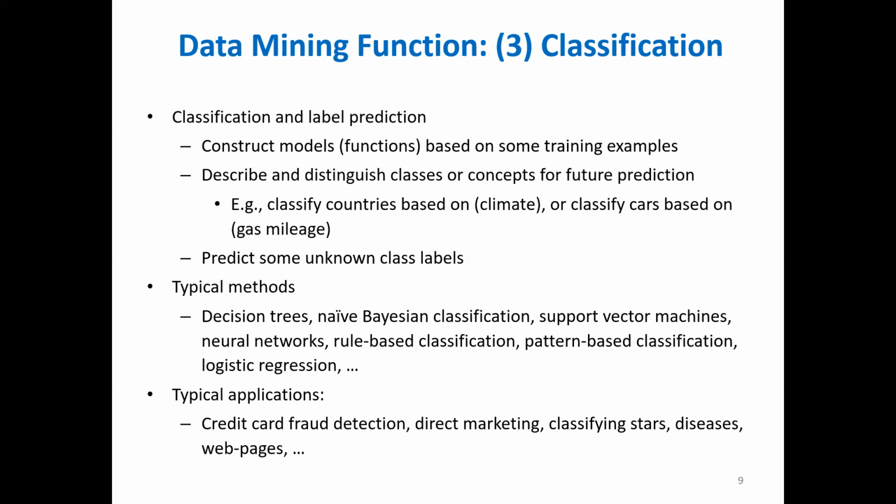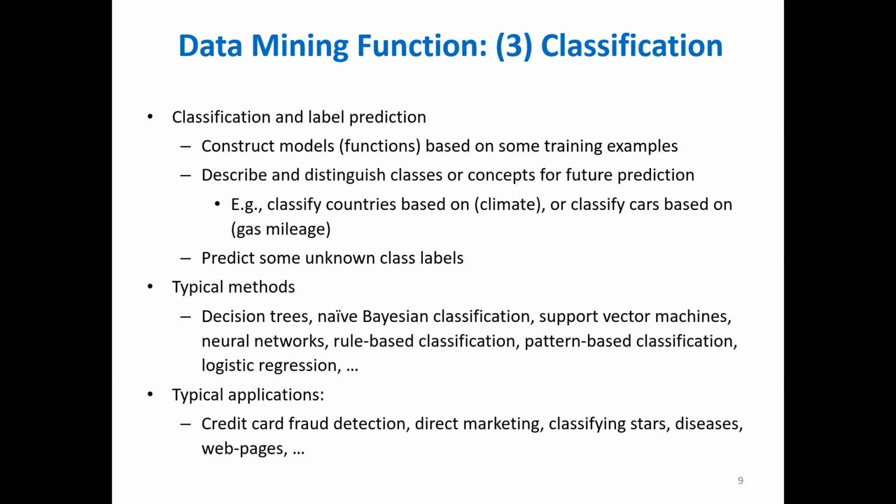Basically, we can classify the data set on the basis of some labels, and the labels are predefined on the data set. You have heard the term supervised learning. Classification is an example of a supervised learning algorithm, and there are various methods available like decision tree classifiers, naive Bayes classifier, SVM, that is support vector machine, neural network, and logistic regression. These are the different types of algorithms available to do classification.